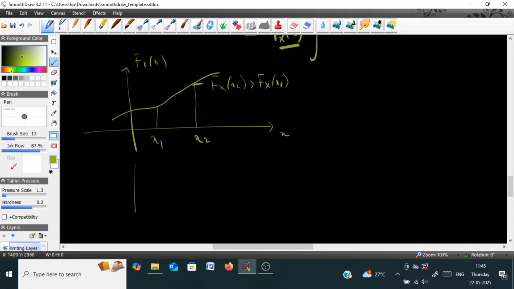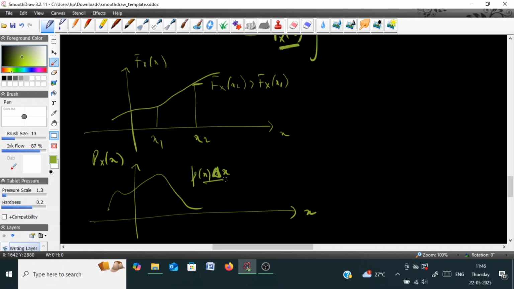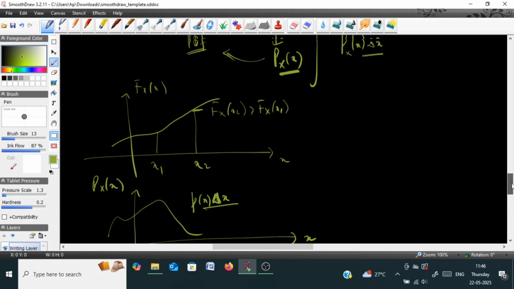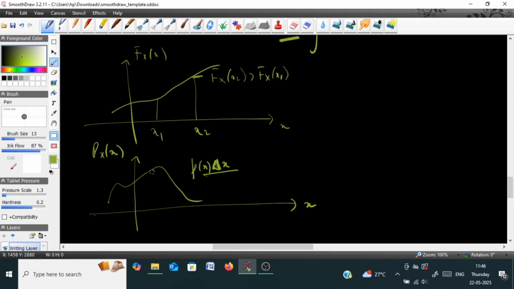And if you find the derivative of this function with respect to x, that is p_X(x), which we call the PDF of the random variable. Okay, so you get its derivative, you get something like this, maybe. And p_X(x) times dx or delta x now denotes the probability of finding the random variable X between x and x plus delta x.